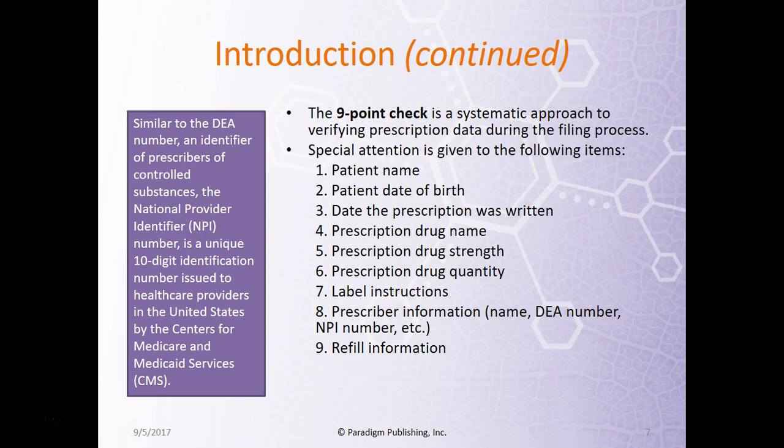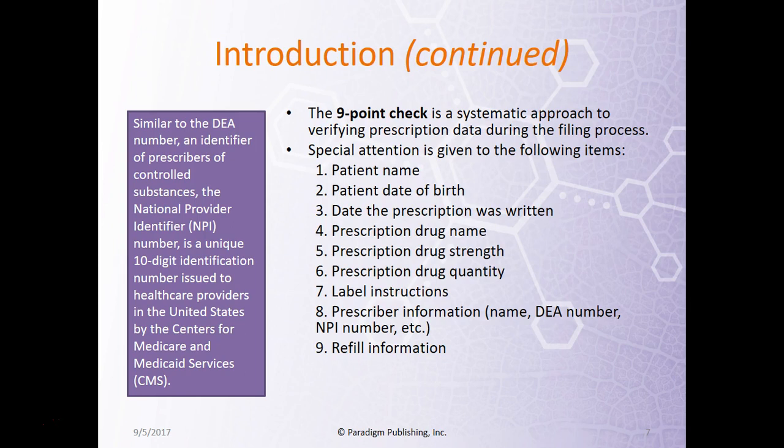The 9-point check is a systematic approach. Looking through, as I've described on the previous prescription, looking for the patient's name, their date of birth, the date the prescription was written, prescription drug name, prescription drug strength, prescription drug quantity, label instructions, prescriber information such as their name, their address, their DEA number, the NPI number, and also refill information.